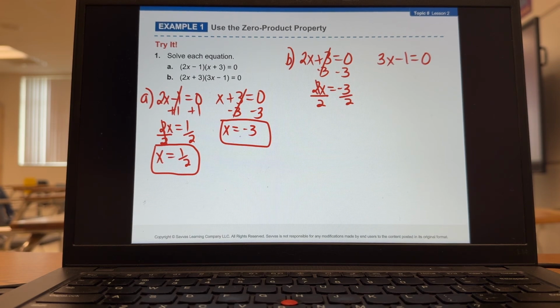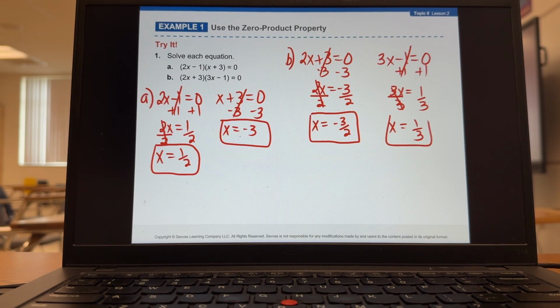Divide by 2. This one would be a terminating decimal if you decide to, or you can leave it as negative 3/2. This one, you would have to leave as a fraction because it would be a repeating decimal. My preference is keeping them as reduced fractions.